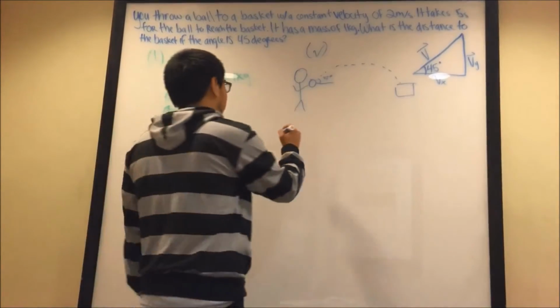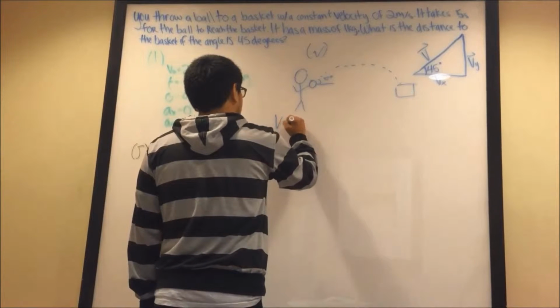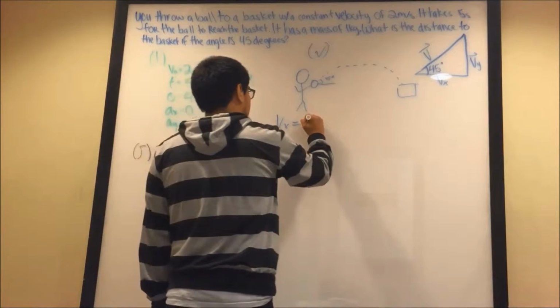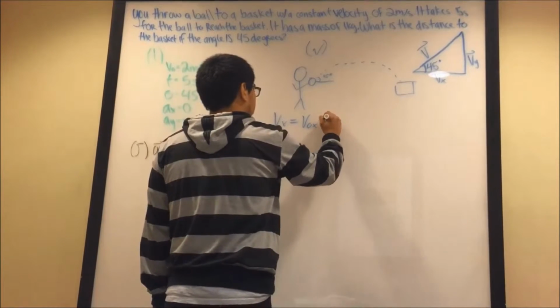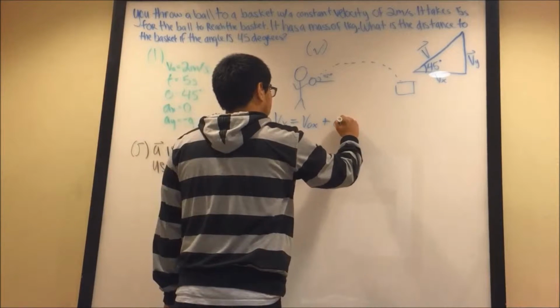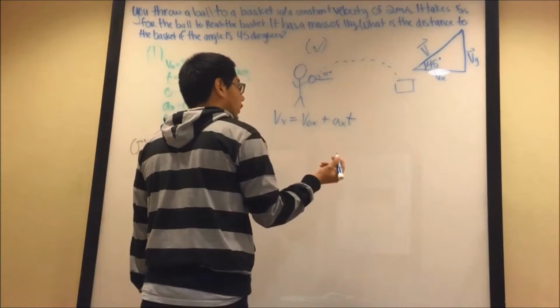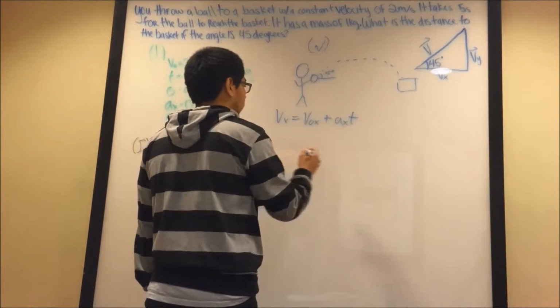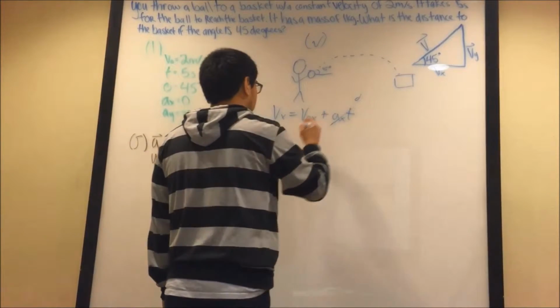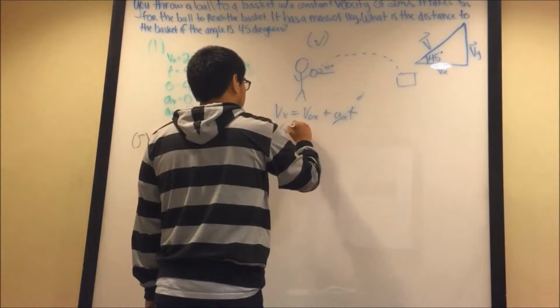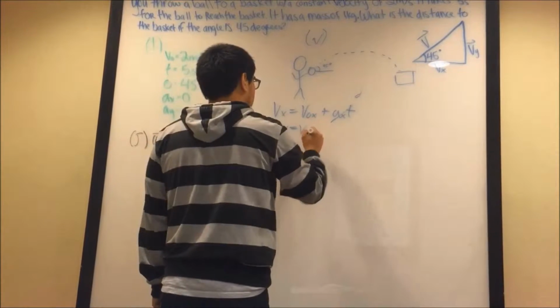Alright, so the first thing you want to do is find your velocity in terms of x. So that's going to be v initial of x plus acceleration in the x direction times t. But your acceleration is 0 since the velocity is constant, so that would be 0. So you have your v of x is equal to v initial of x.